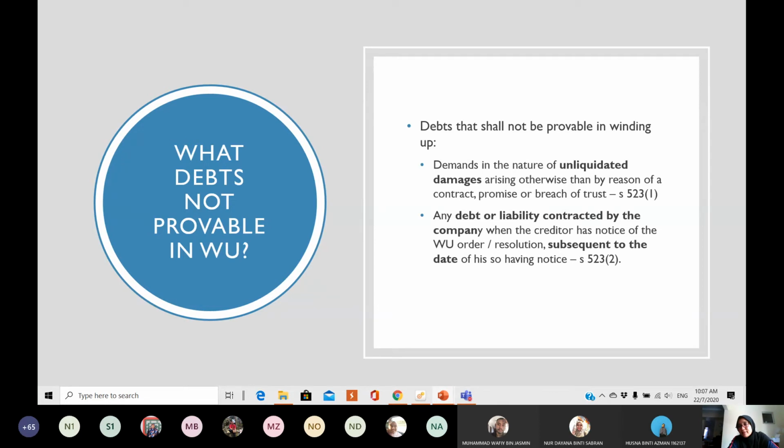Mungkin the employee of the company mungkin dia bawa lori company tu kemudian mungkin met with an accident and then cause injury to another person, that another person tu boleh claim against the company. So tapi this is not claimable through proof of debt, sebab dia masih unliquidated damages. So this is not to be provable by way of winding up. Okay.